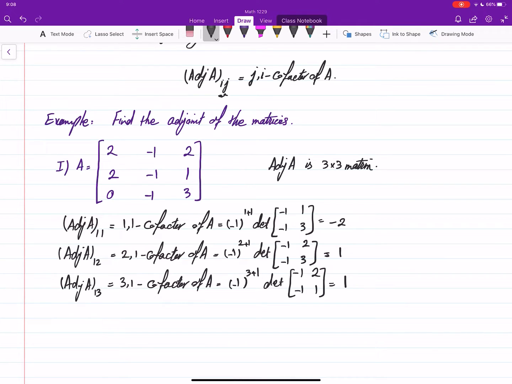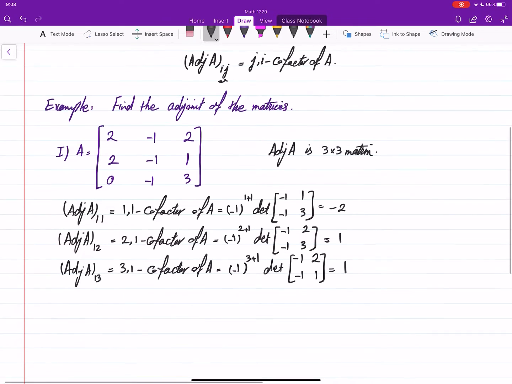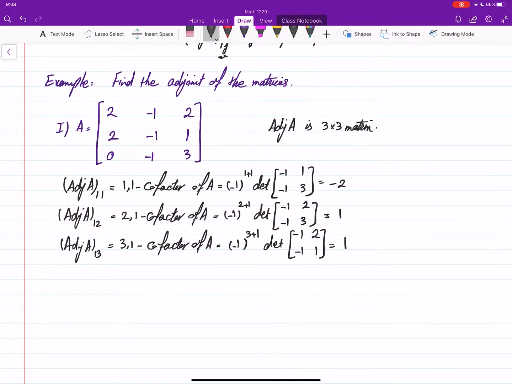Well, and then you continue finding more of them. I already have these entries, so I won't. Let me just write again: the ij entry is the ji cofactor of A. And if you do all the computations, it's very good practice at this stage.